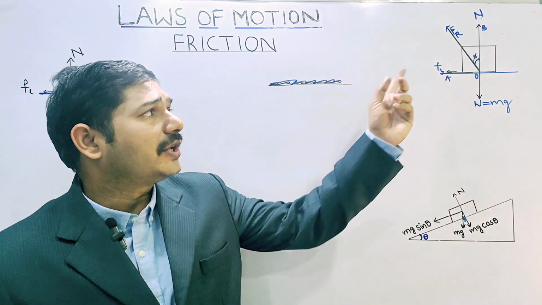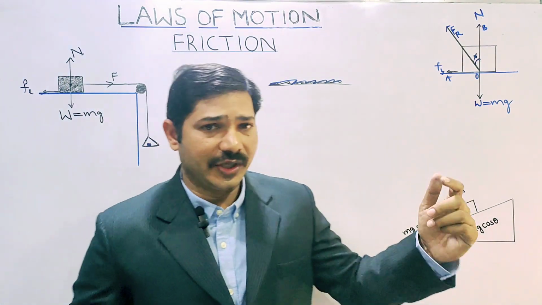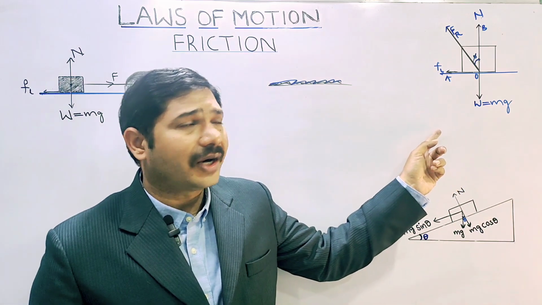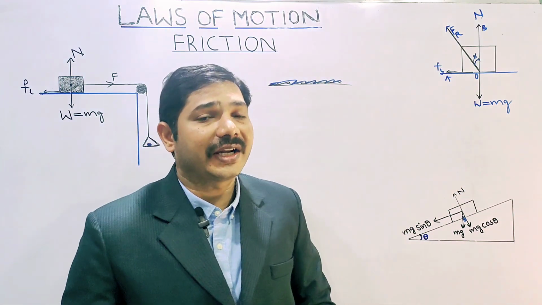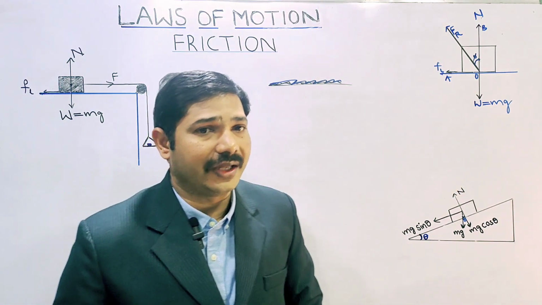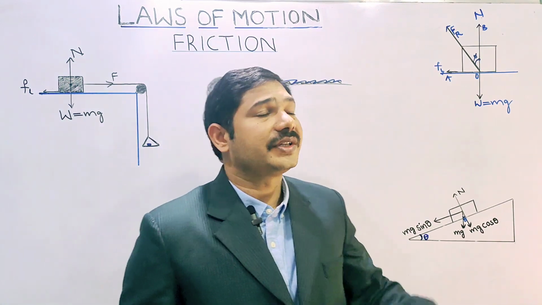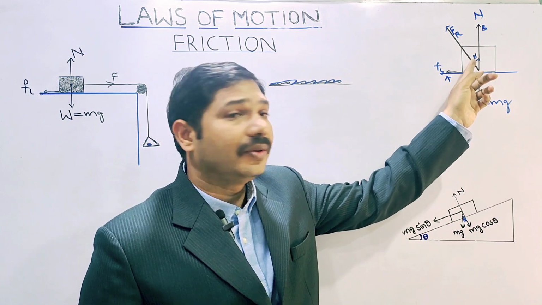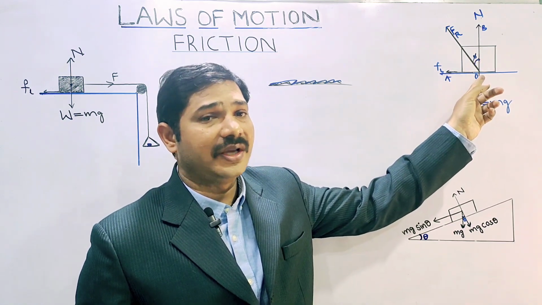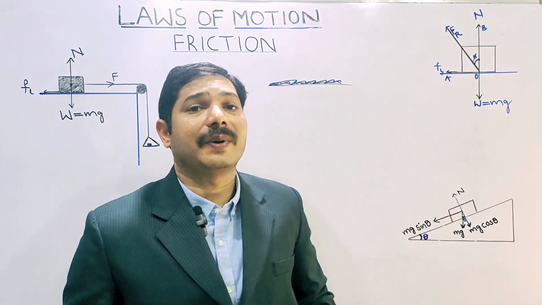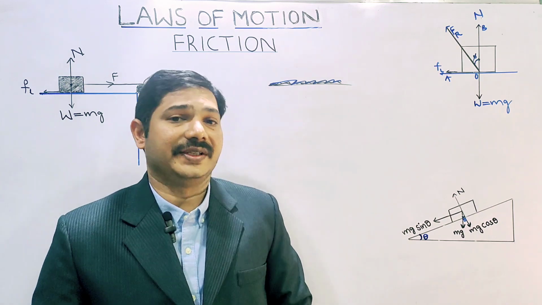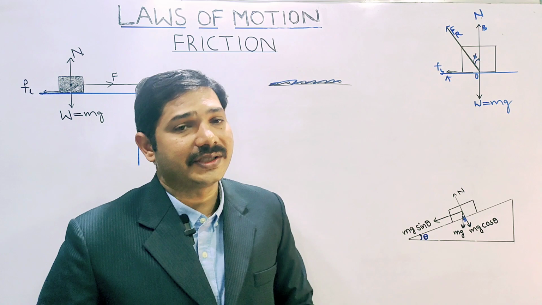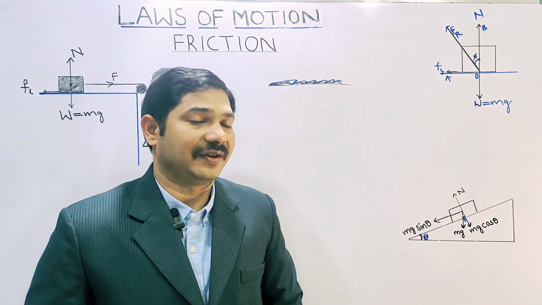On a horizontal surface, the weight of the body acts vertically downward and the normal reaction acts vertically upward. The normal reaction is the contact force between the body and the surface, and it is always perpendicular to the plane of the surface.